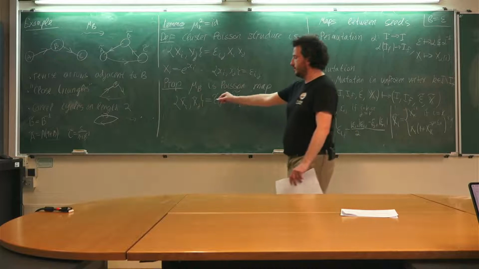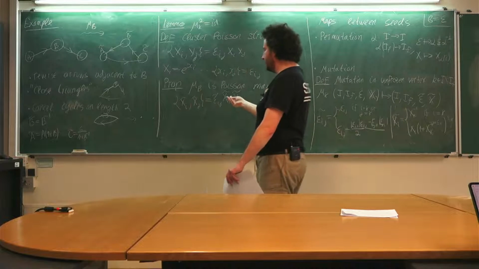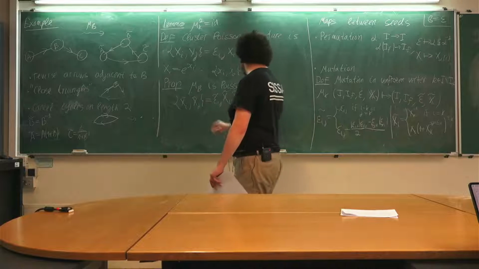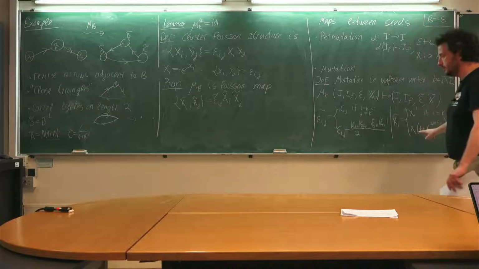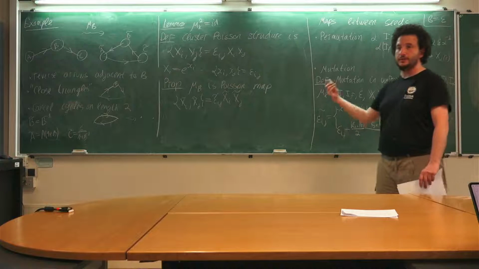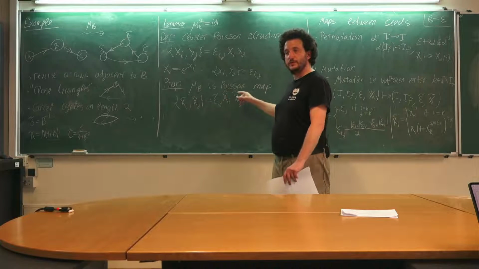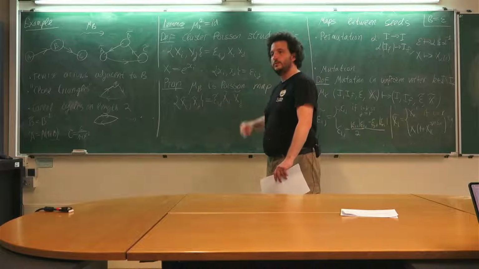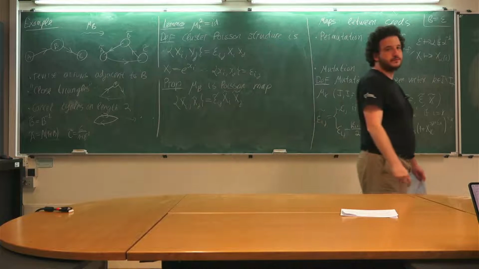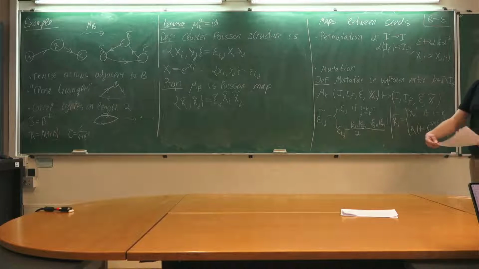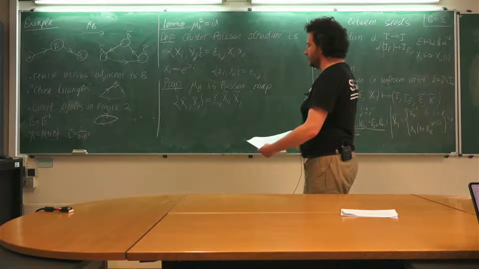This is a computation. You take xi tilde, xj tilde, substitute these formulas for them, compute the Poisson bracket using epsilon, and it appears you will still get the product of these functions with the new transformed epsilon tilde. So this logarithmically constant Poisson bracket transforms into a logarithmically constant Poisson bracket.